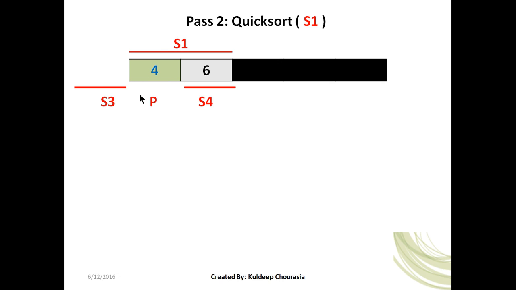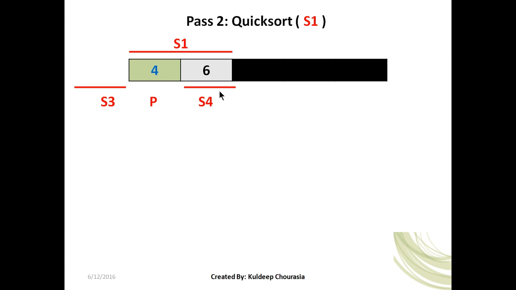Computers cannot see. At this point, the computer only knows that the set S3 contains elements less than pivot. Whether S3 contains one element, two elements, or no element is not known at this point. Similarly, how many elements set S4 contains is not known at this point.